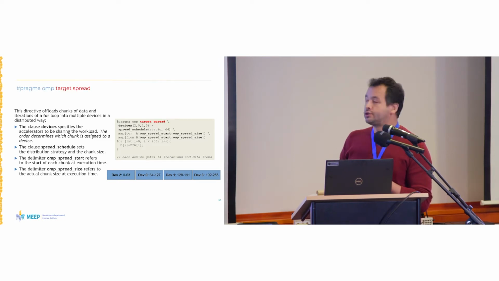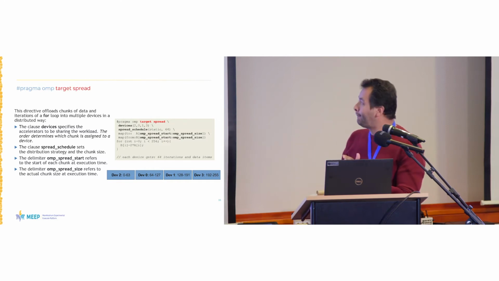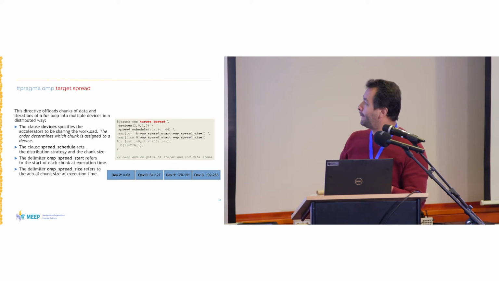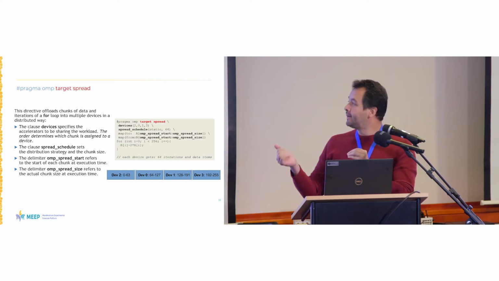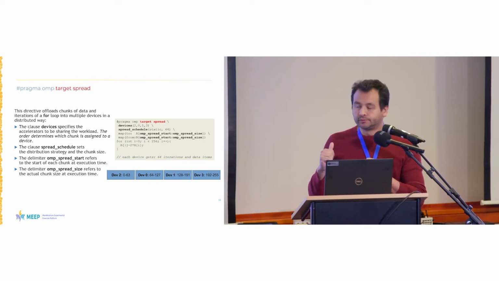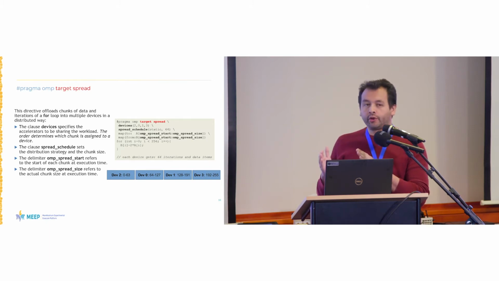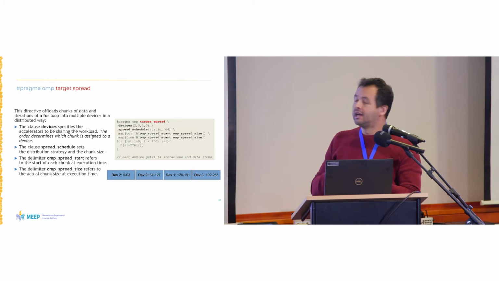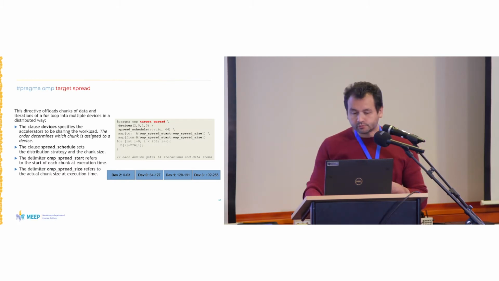Another important feature is the use of these delimiters, which are omp_spread_start and omp_spread_size, which allow us to perform arithmetic with the limits of the mapped memory inside the chunks. So we will be able to work with our chunk of data relative to this chunk of data, and it makes it easy to program our applications.